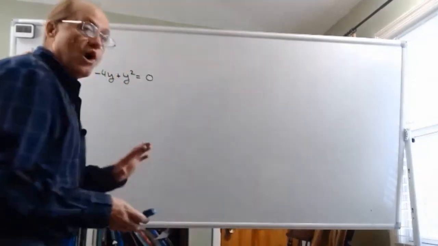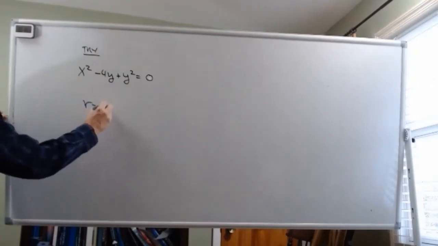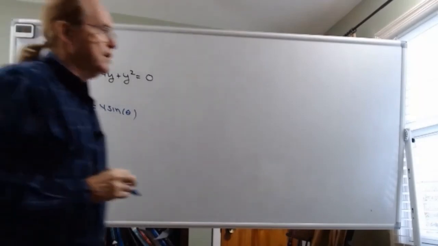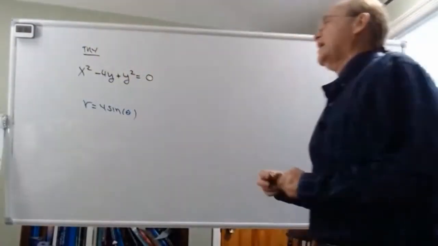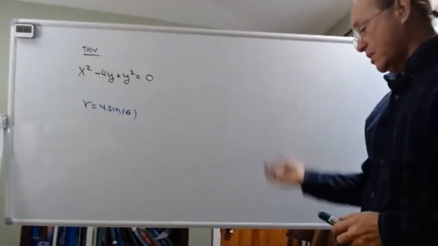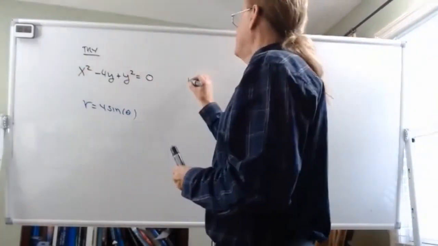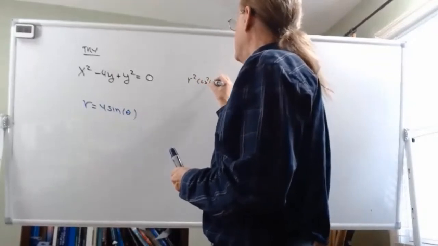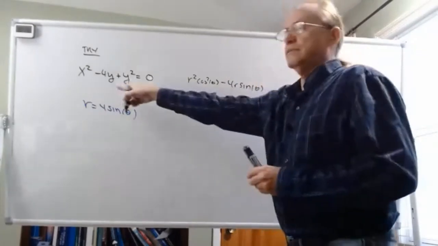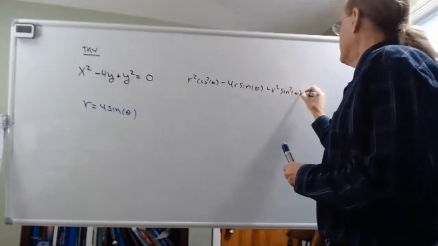Now try and solve it for R if you can. In this case, I set it up so you can. Like R is equal to 4 times the sine of theta. Does anyone want to see how I got that? Okay, so I'm plugging in x is r cosine theta, y is r sine theta. So x gives me r squared cosine squared theta minus 4r sine theta, that's my y is r sine theta, plus r squared sine squared theta is equal to 0.